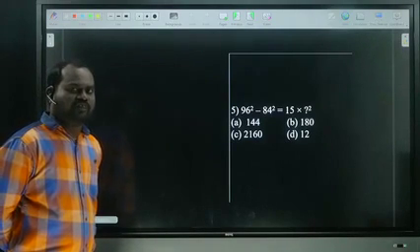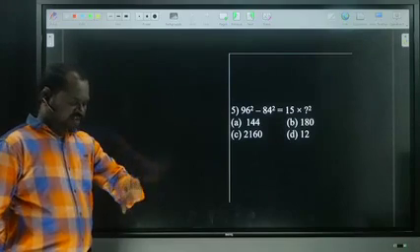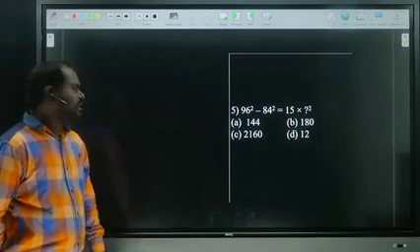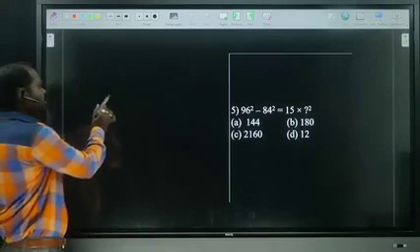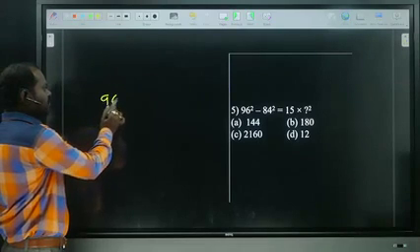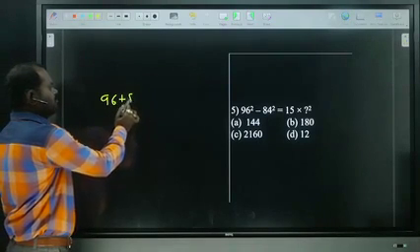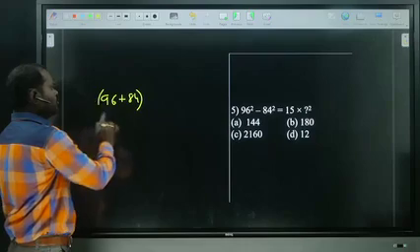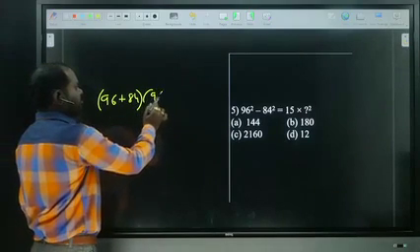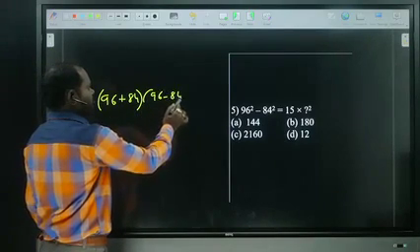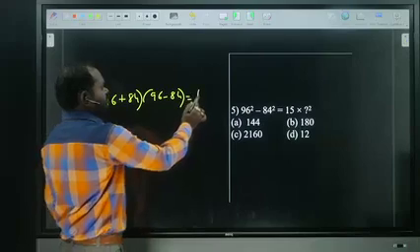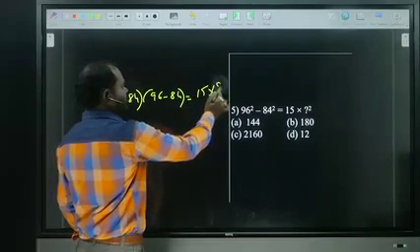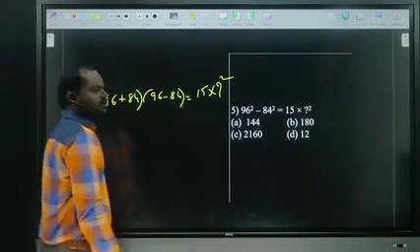What is the formula of A square minus B square, ma? A plus B into A minus B. As per the formula, what can you write? 96 plus 84 into 96 minus 84 is equal to 15 into question mark square.